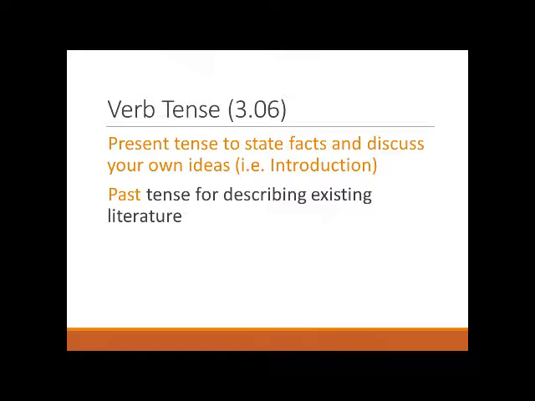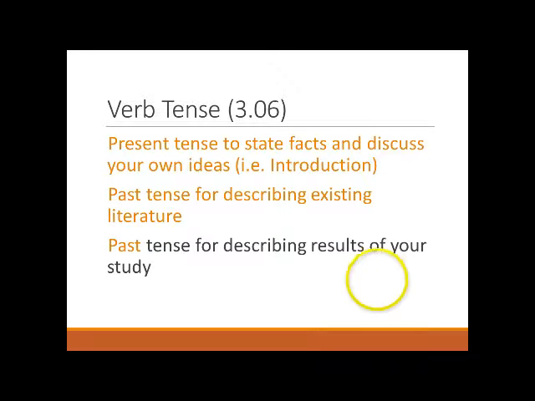You use past tense when you refer to existing literature, which means anytime you talk about things that other people have written, that information should be written in past tense. They have already said it, and this is a common error that people make. This holds sometimes in Chapter 1 or introductory sections when you refer to what others have written. Also, when you're in your Chapter 2 discussing literature that already exists, that all should be past tense.